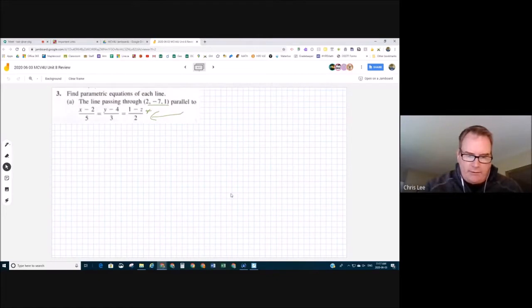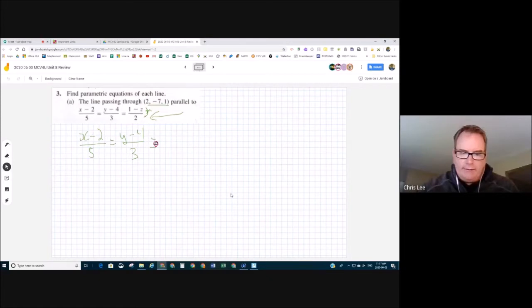So x minus 2 over 5 is okay, and y minus 4 over 3 is okay, but this one is not. So the z can't be negative when you're trying to determine the information, which means you need it to be positive, and it's like moving that negative from the top to the bottom.